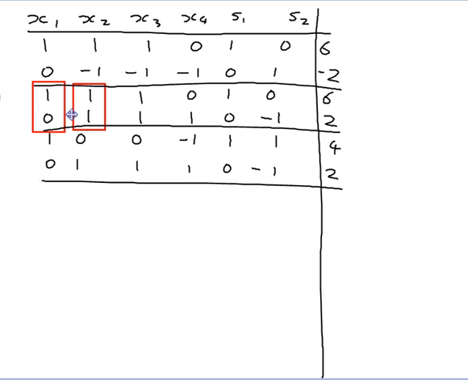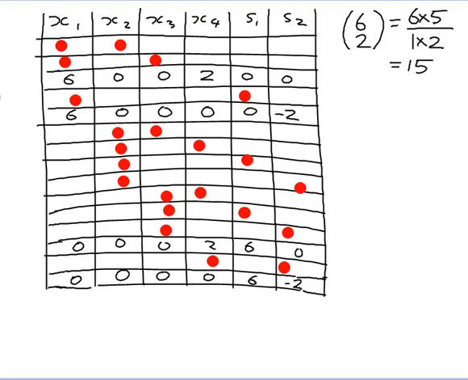And now I've got a little identity matrix here. So I can read off from this that x1 is 4 and x2 is 2. x1 is 4 and x2 is 2, and all the rest are 0.